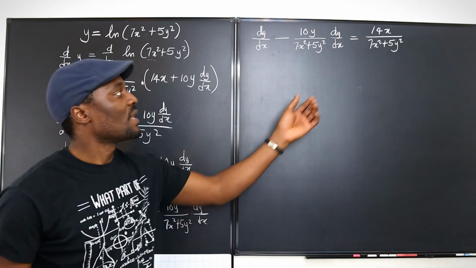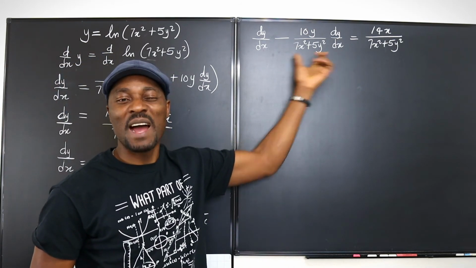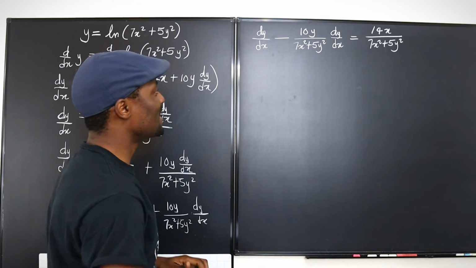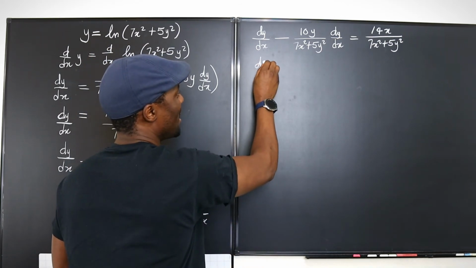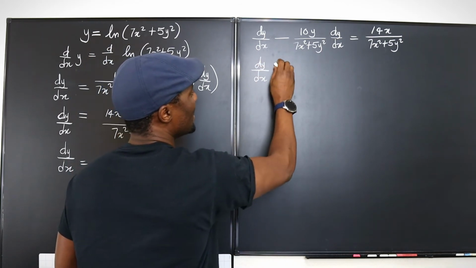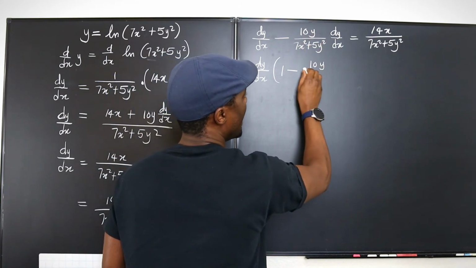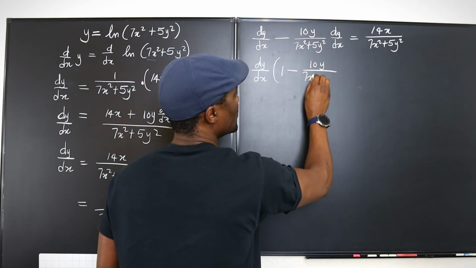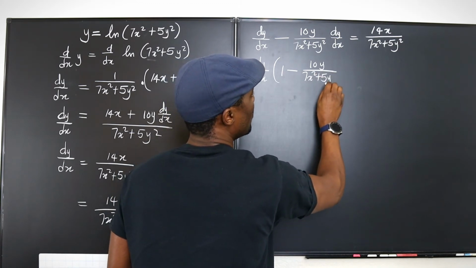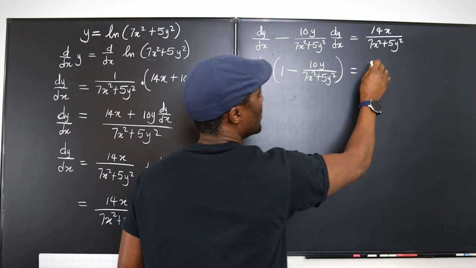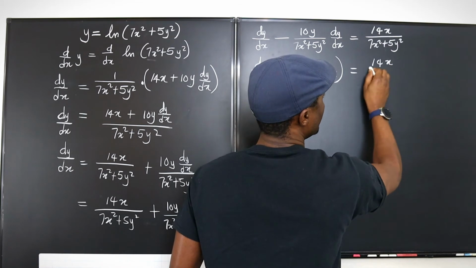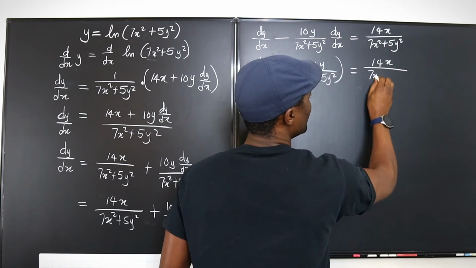So now we can get our dy dx by isolating dy dx. Let's factor out dy dx. So you have dy dx into 1 minus 10y over 7x squared plus 5y squared is equal to 14x over 7x squared plus 5y squared.